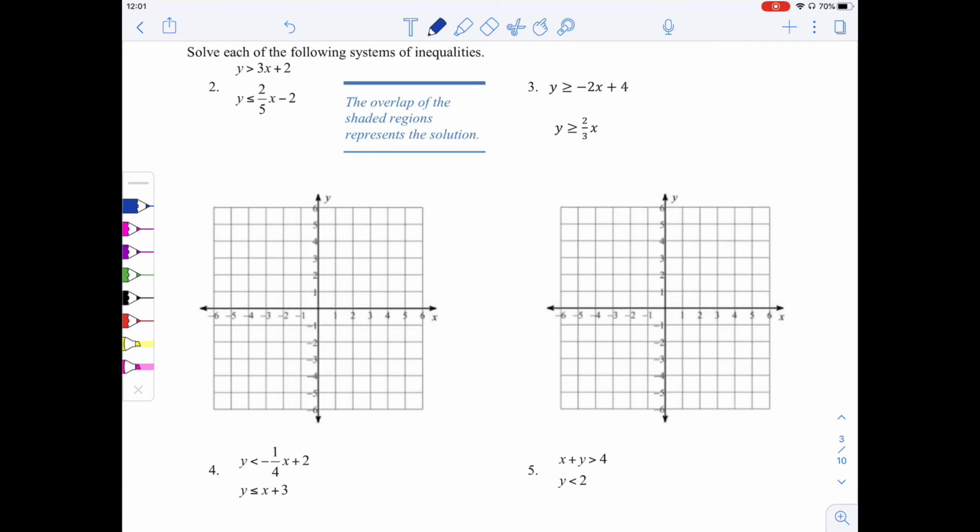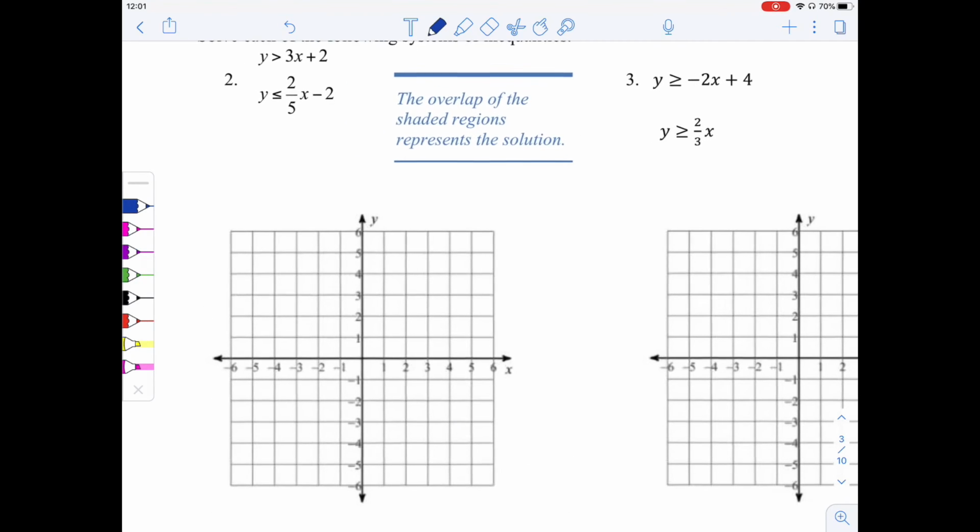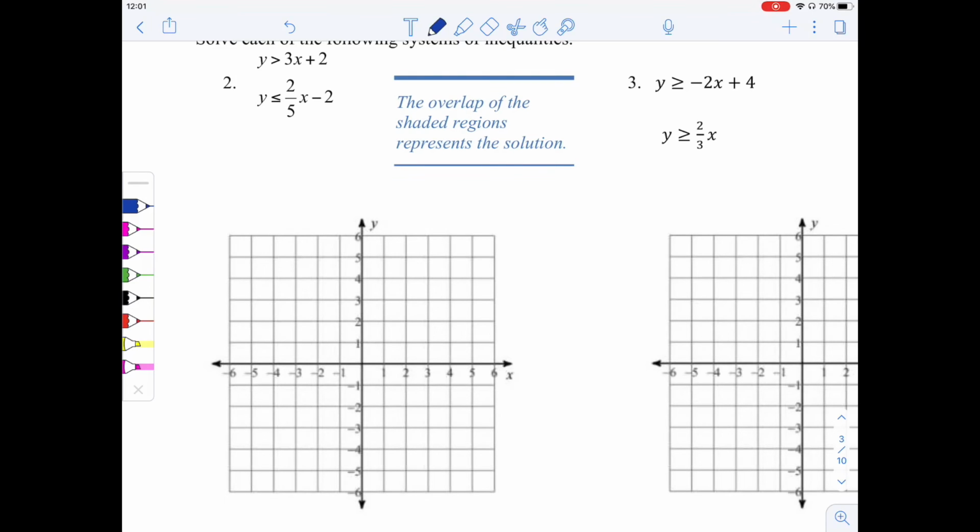Let's do an example. We have a system, two or more inequalities. That's the system. The overlap of the shaded region represents the solution. So we're going to graph each one. We graph this one first. The y-intercept is 2, so we start there.